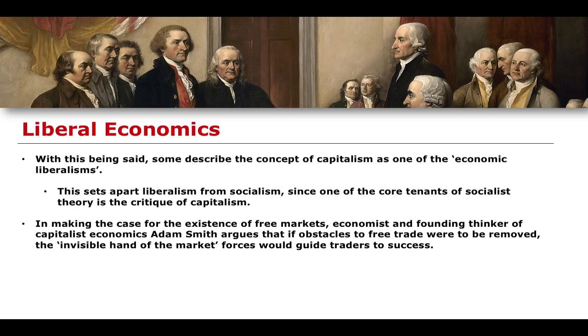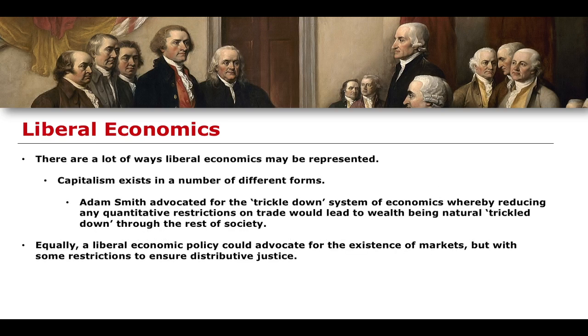These are what he describes as the, quote, invisible hand of the market, because they are just the ways in which humans interact with the market and the ways in which resources are allocated and how prices are assigned, etc.